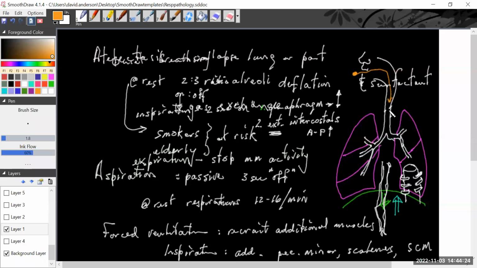It's small enough to pass, and the direction of least resistance is going to send it to the right side more often than the left, and eventually it's going to hit an airway that is too small for that piece to continue on through, and everything past that spot, it's going to stop getting airflow.